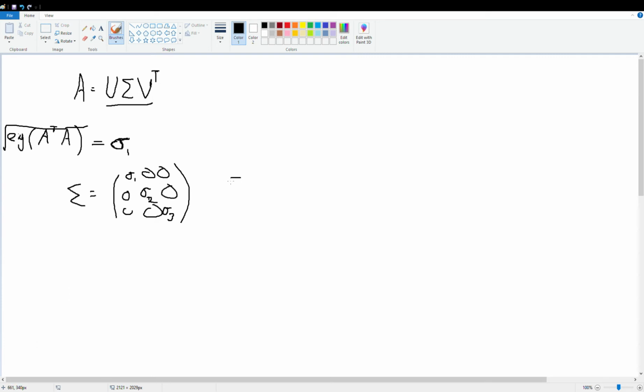But A may not be the dimensions we want, so sigma may end up looking like this same matrix here, but with a zero matrix, right? With the appropriate dimensions, so that would be n minus m, or sigma may look like this.